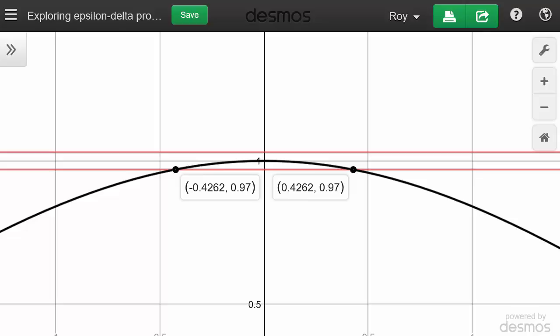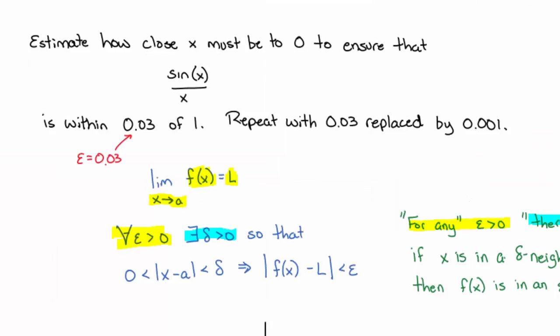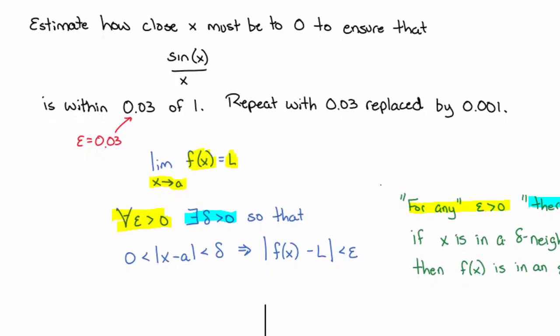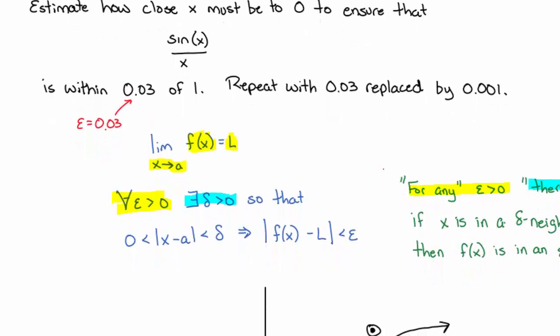Graph the function sine of x over x, and then graph the epsilon neighborhoods, which are 1 plus 0.03 and 1 minus 0.03, and find their intersections. But what I'm going to do is write on here: how close must x be to 0 to ensure that our function is within 0.03 of 1?